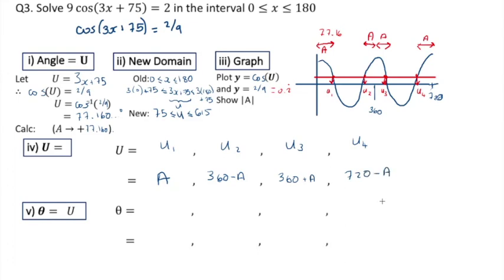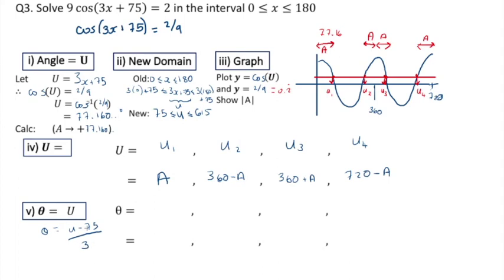Great, you'll notice I haven't even started using numbers yet, and that's because I don't want to get into a faff. I don't want to make any mistakes, and I don't want to write out some really long numbers. So I'm sticking with my a's. Okay, so what's theta then? If u is 3 theta plus 75, then theta must be u minus 75, divided by 3.